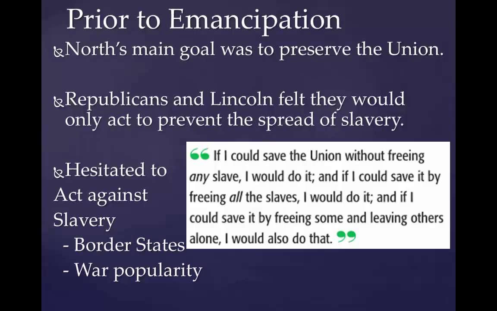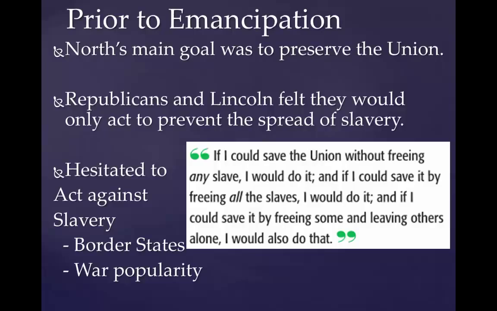But for starters, the North's main goal, at least as Lincoln was saying publicly early in this war, was ultimately to preserve the Union. They wanted to bring the Union back together. That was really why they were fighting. That's why the people wanted to be fighting.